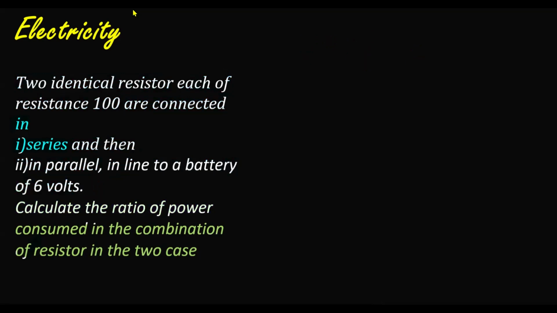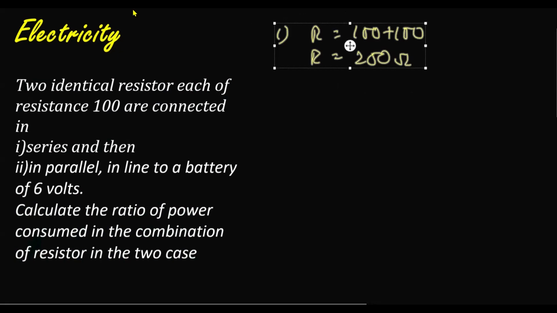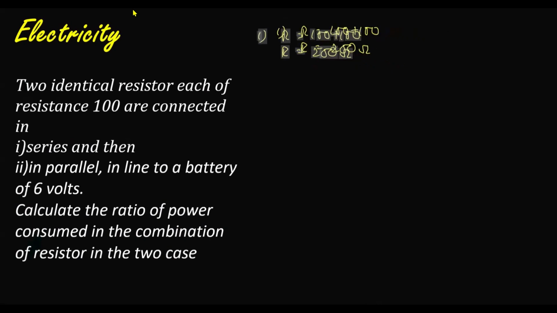Now let's first figure out the resistance in the two cases. In the first case, they are connected in series, so the total resistance R is equal to R1 plus R2. Each resistor is 100 ohm, so I'll get the resistance as 200 ohm. This is the resistance when they are connected in series.